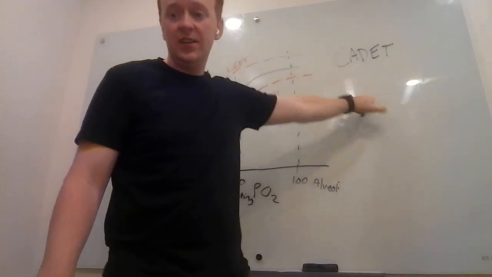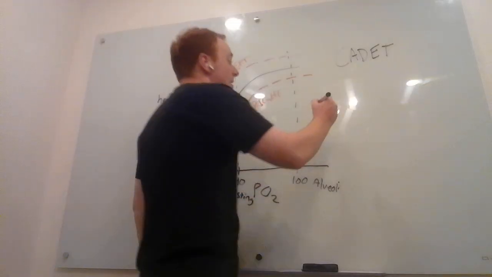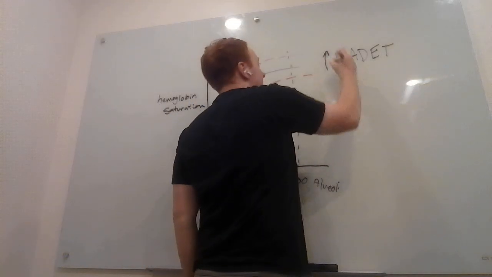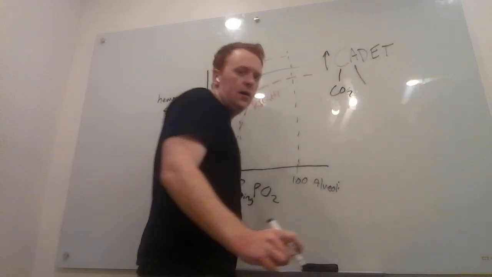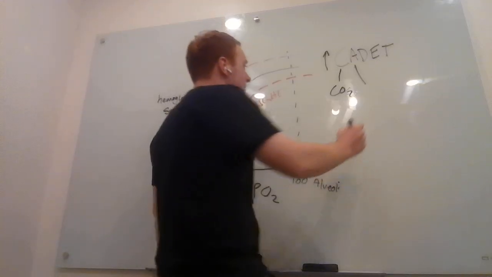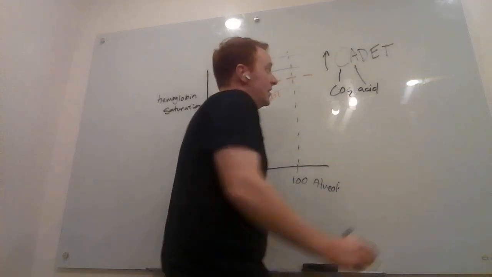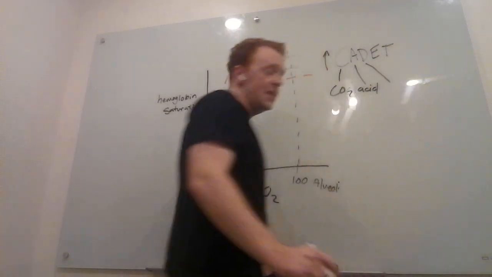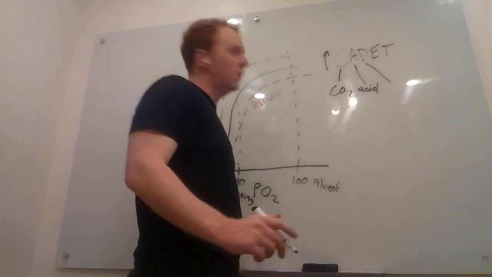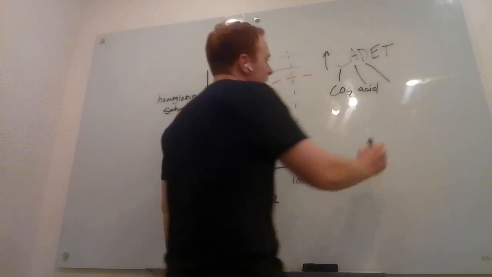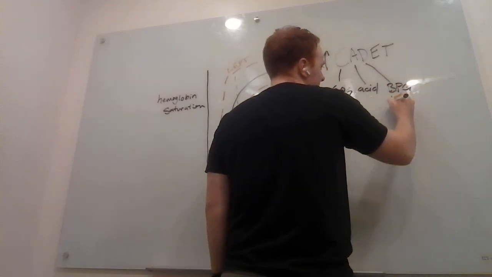Back to what shifts it to the right. Increased CADET will shift it to the right. C stands for CO2. What else was it? Acid. So things that will lower the pH. D stands for, yeah, BPG or DPG.